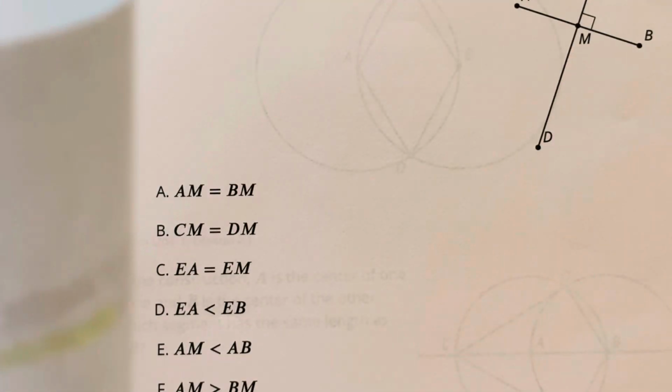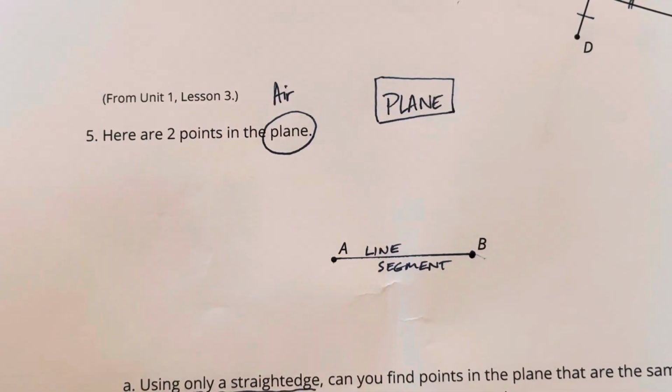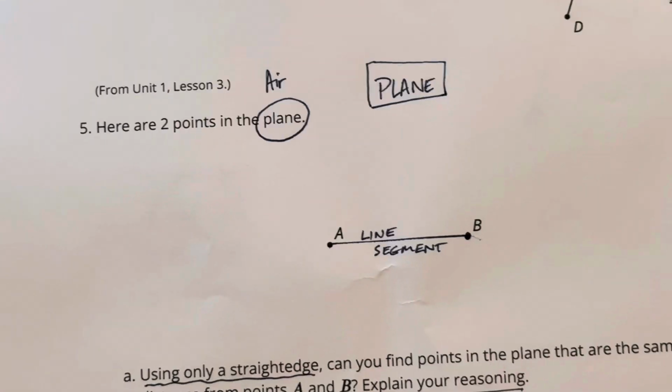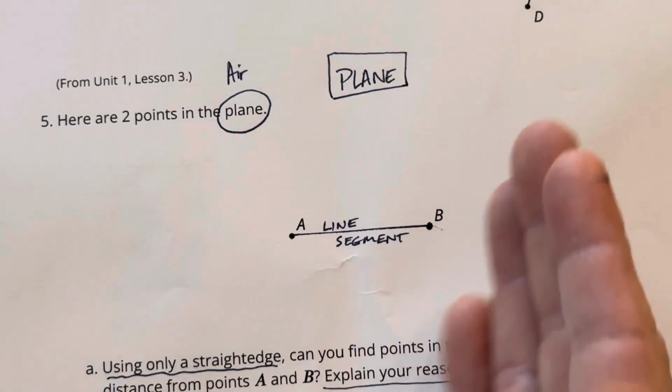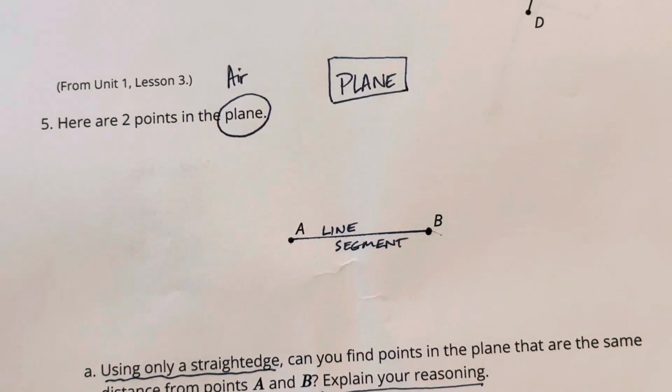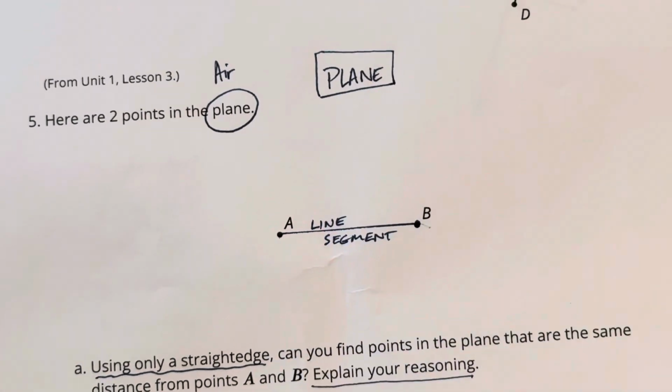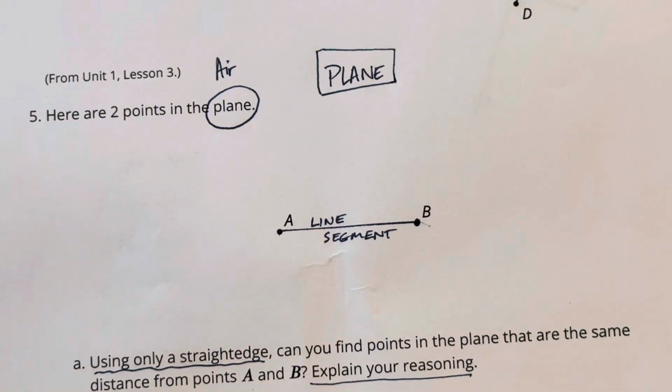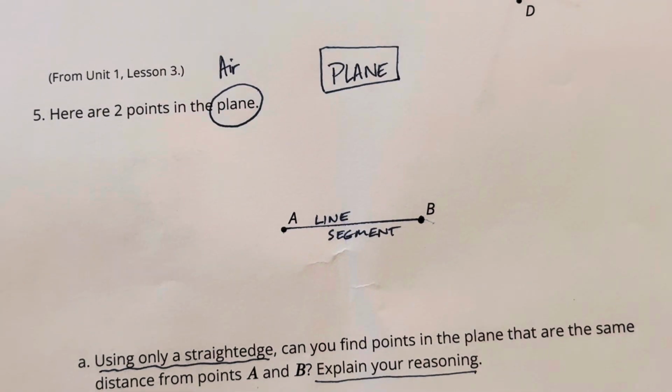Let's see if I can do that. It's really difficult, actually. I can't really see through, but you could fold this so that B and A line up, and then you're gonna have a fold in the middle of the paper. So that's one way that you could get the midpoint.